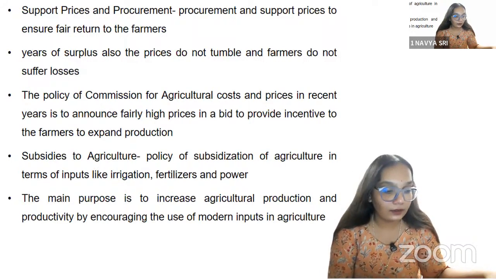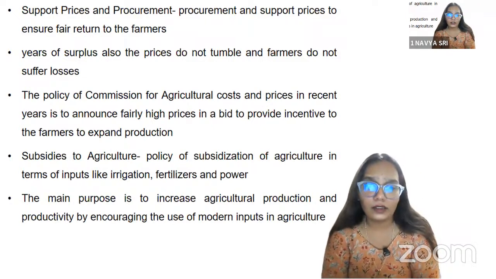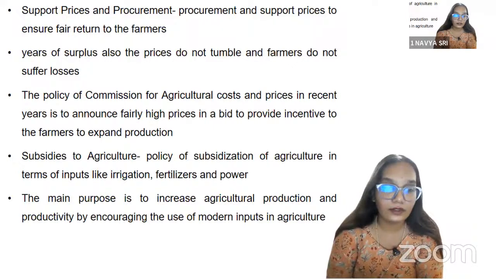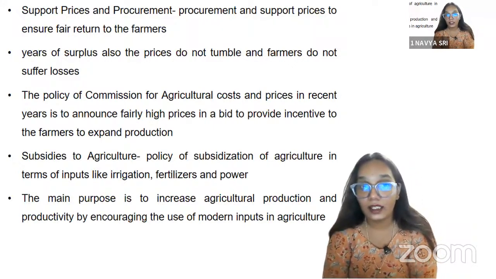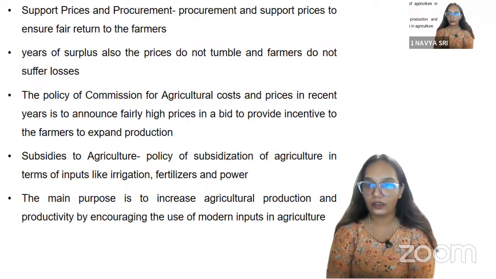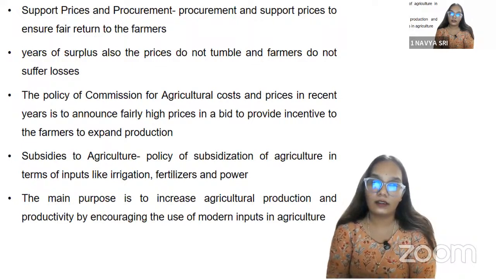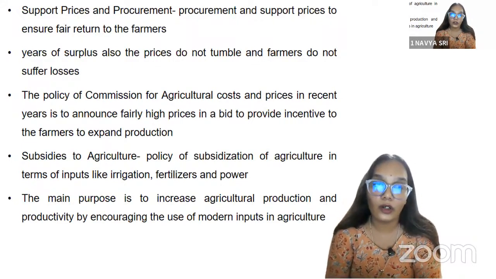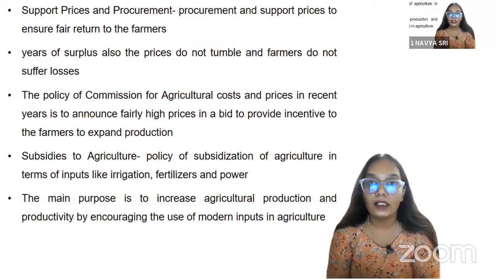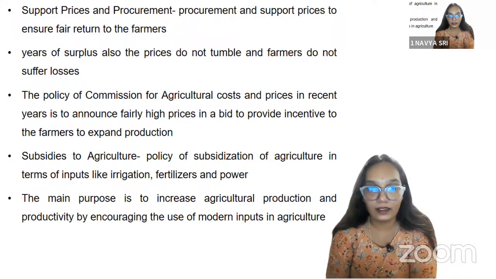Then the policy of the Commission for Agricultural Costs and Prices in recent years is to announce fairly high prices in a bid to provide incentive to the farmers to expand production. So what happened over a period is that, in order for farmers to get a profit, the procurement was done at slightly higher prices.